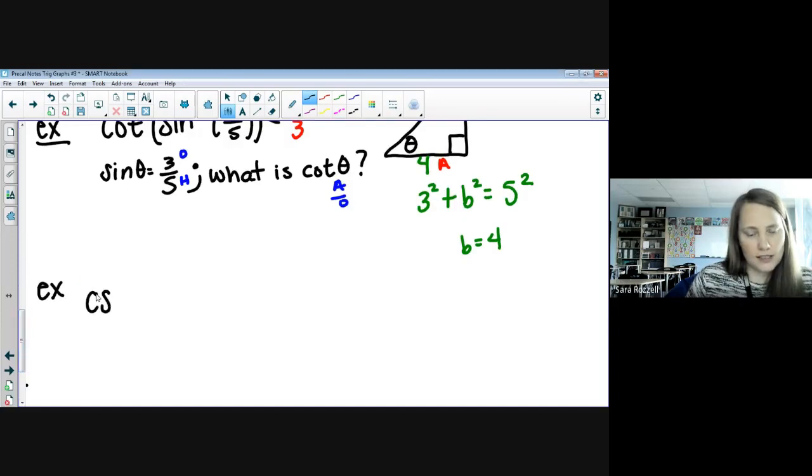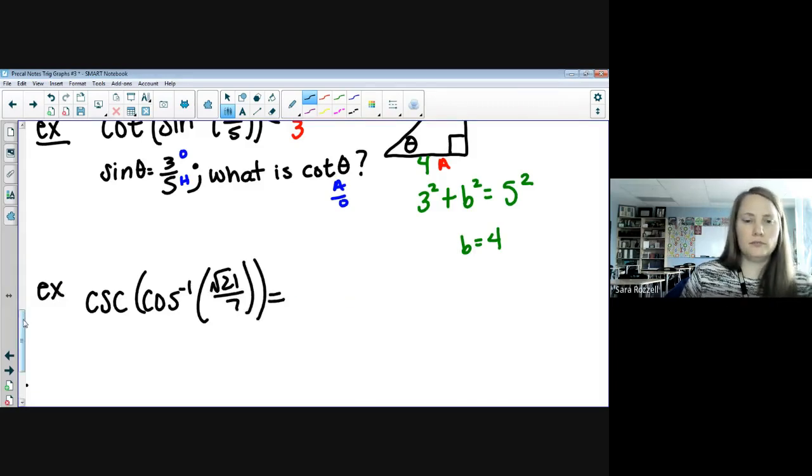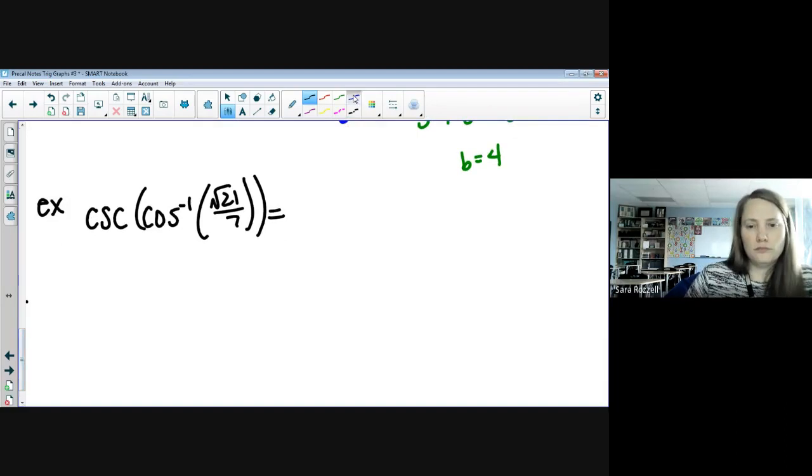So this one says the cosecant of arc cosine of root 21 over 7 is what? So I'm going to write down my statement.